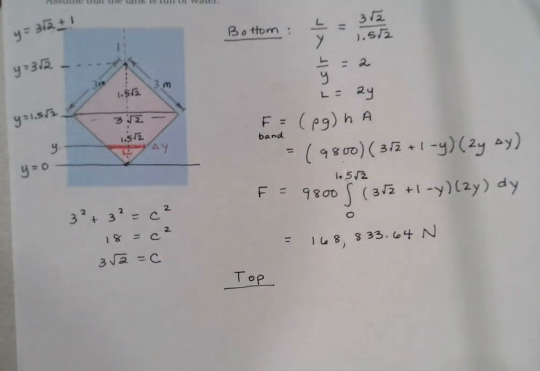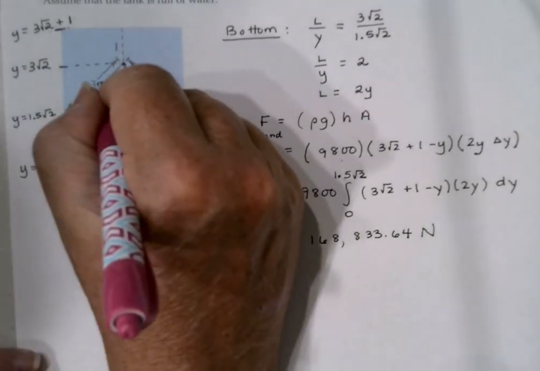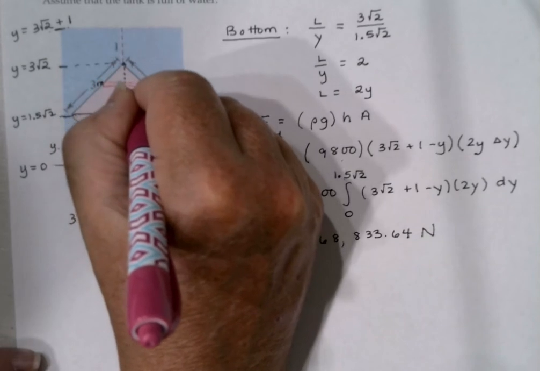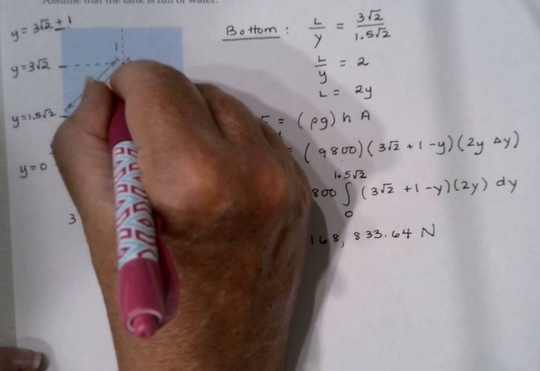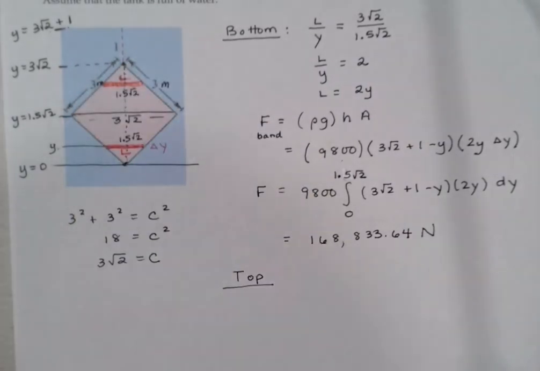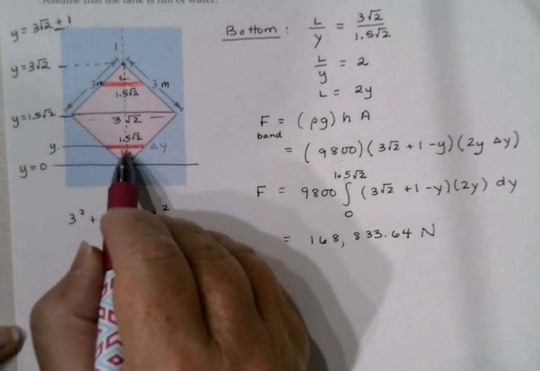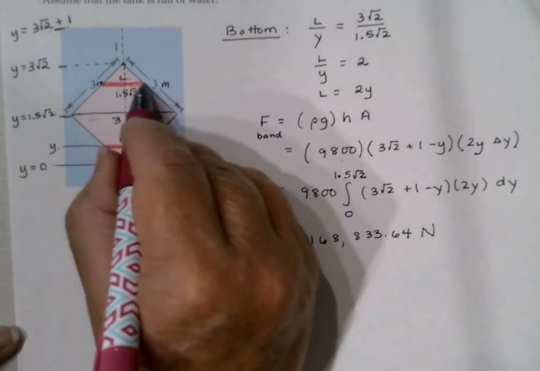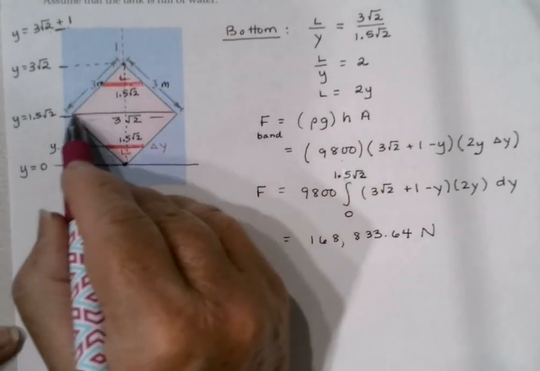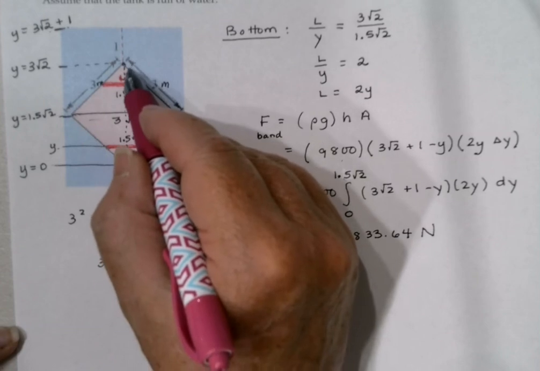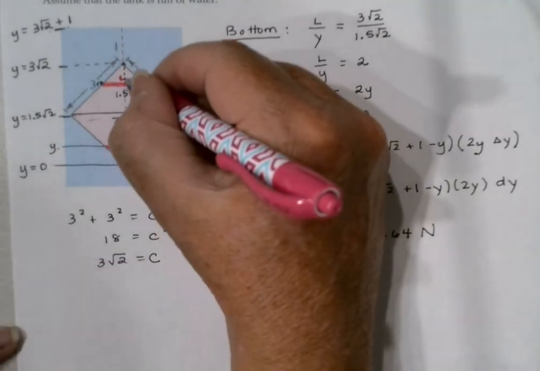If I look at that top half, and once again draw a little representative band across here with some length L, this time instead of comparing L to that little tiny y, I have to compare L to this little bit of height up here. That will equal the length 3 square root 2 compared to 1.5 square root 2. How big is that little height?